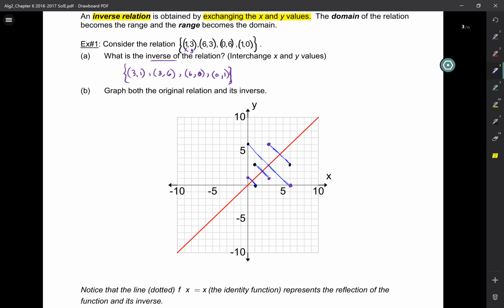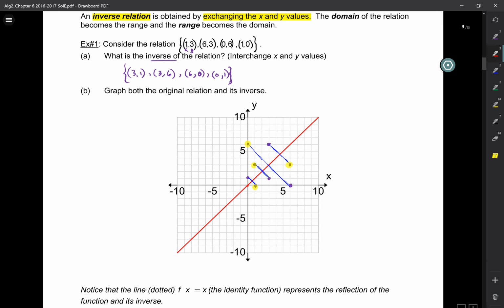So, what does it all mean? Look at all the original ones. Okay? If you draw the relation and then if you draw this line diagonally through the middle of the axes, and if you mirror each of them around it, you get its inverse. Okay? And what is this line?